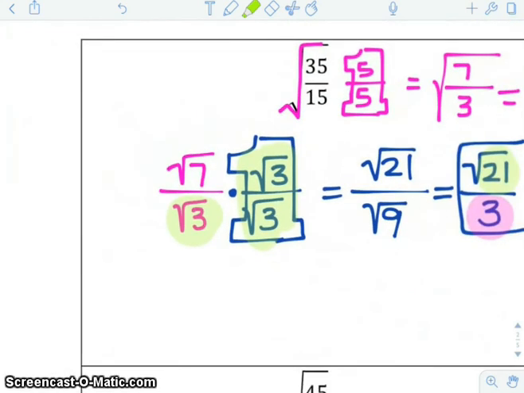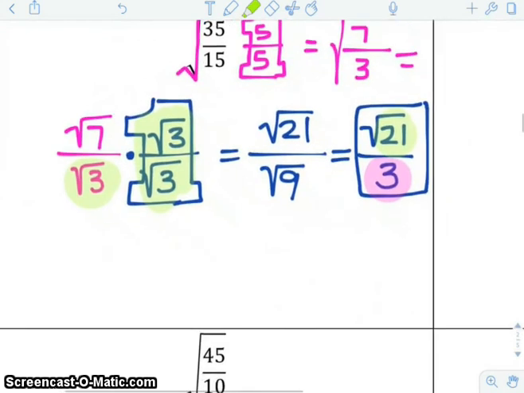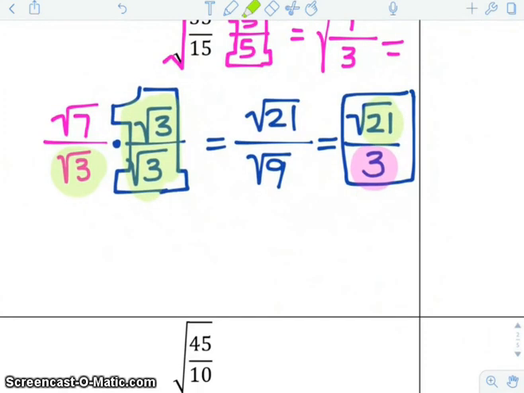Once you do that, your bottom radical should become rationalized. Remember, we talked about the idea that a square root is really the 1/2 power. So if I'm squaring something, 1/2 times 2 is going to give me 1. My square and my square root will cancel each other out, and I'll be left with a rational number in my denominator.